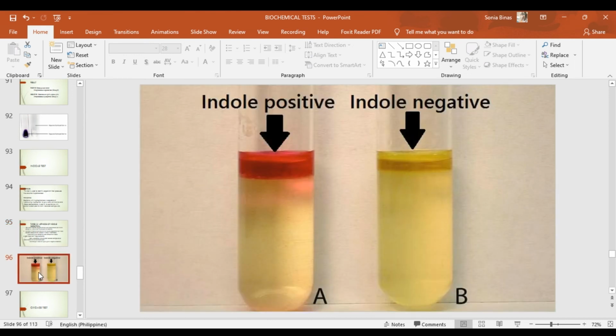So this is our positive reaction. It is the production of our red color, or pink to white color. Ano po?